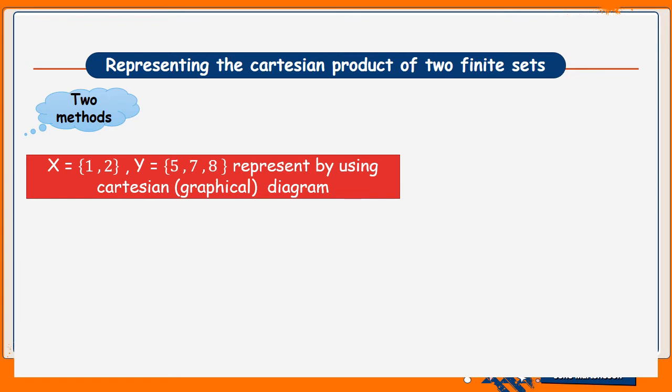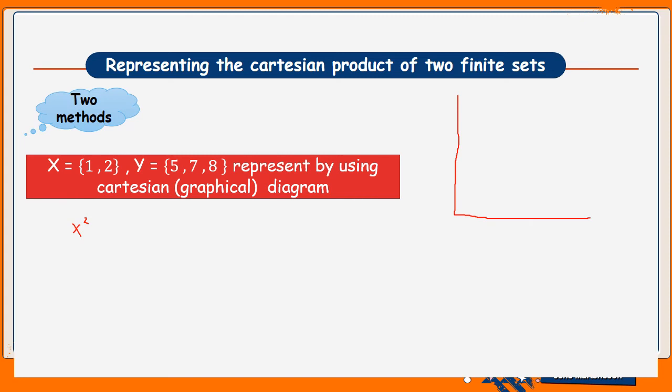If we want to represent x², that is x cross x, we represent it with a vertical line and a horizontal line.